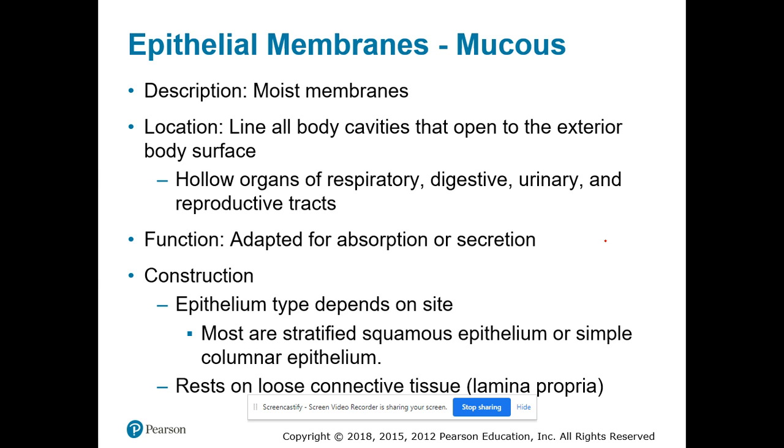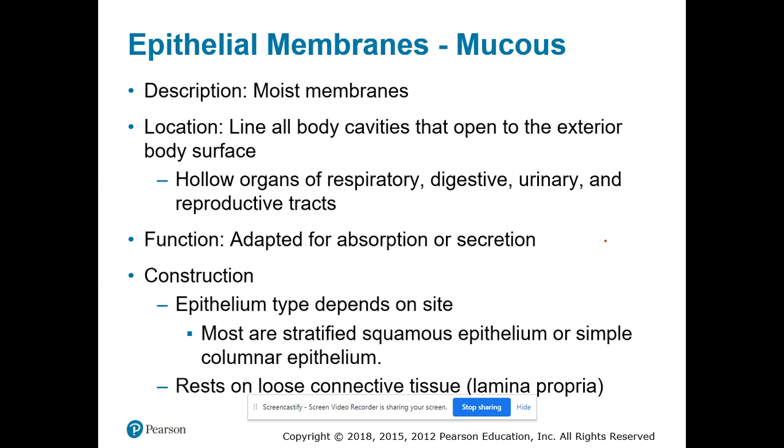So this includes things like our respiratory tract, our lungs, and our mouth, which are all open to the outside. The digestive system, we take in food through the outside and it goes all throughout our digestive tract, from our stomach to our small intestine, large intestine, etc. Our urinary system, and then of course our reproductive tracts all have exterior body openings.